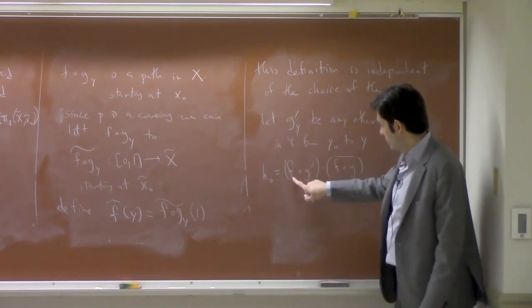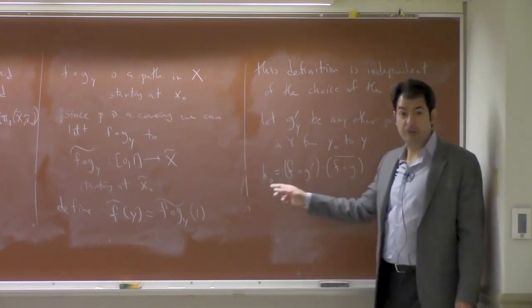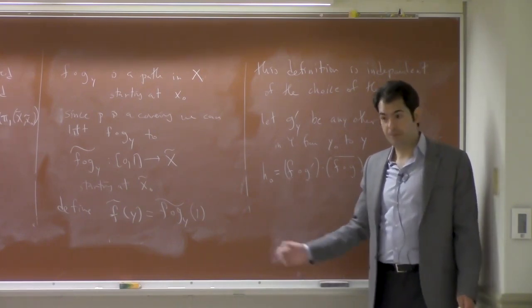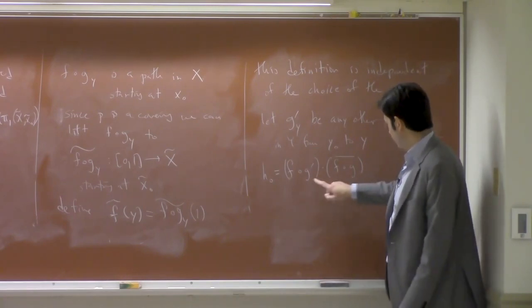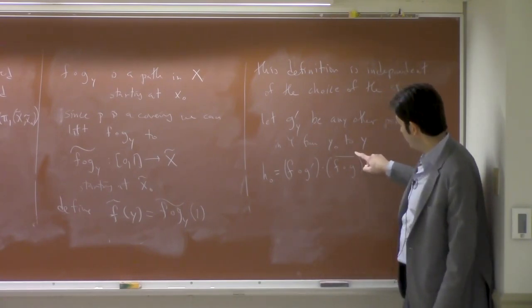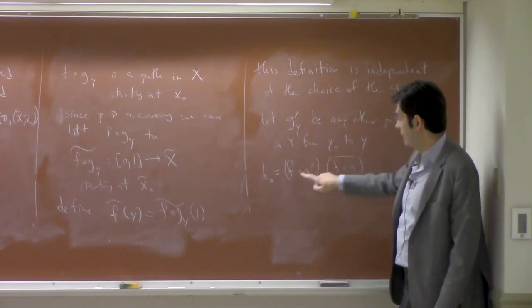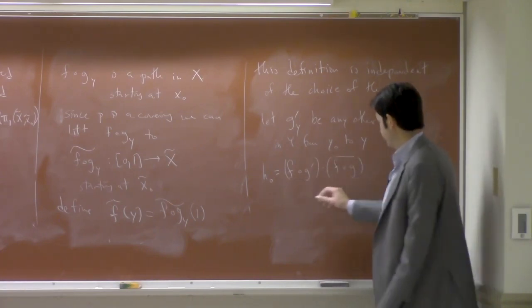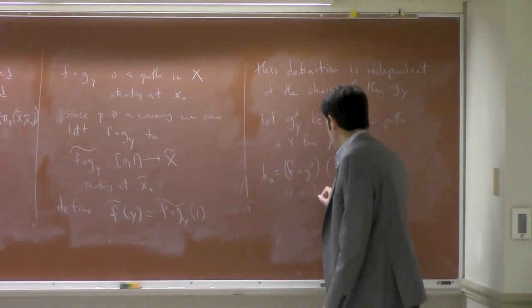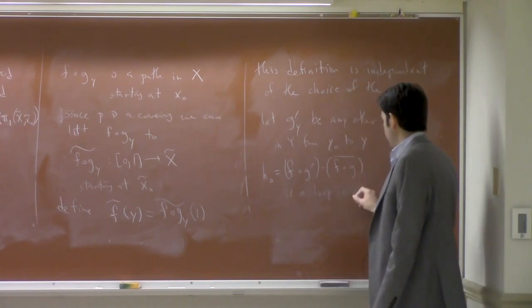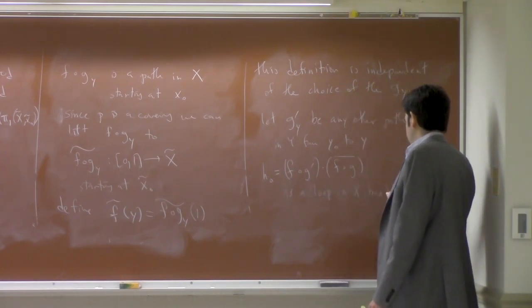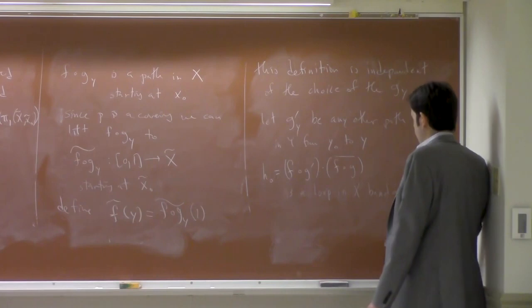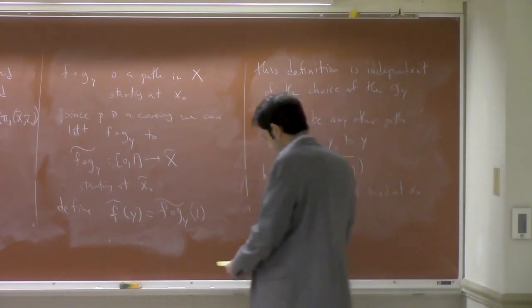So if you send them over to x using f, then you still have the same endpoints, but now you're in x. So this is a path in x, and this is a path in x. They have the same endpoints, so if I take the reverse path, then I end up with a loop in x, based at x naught.